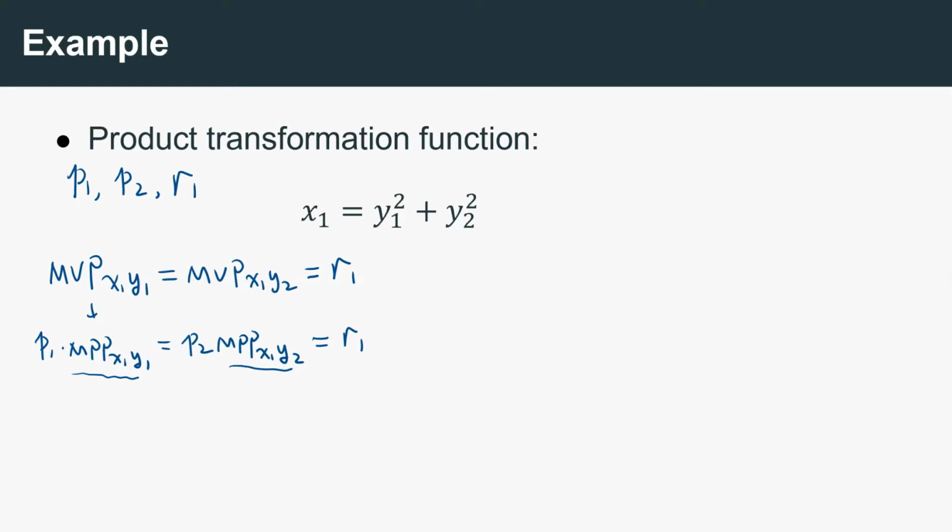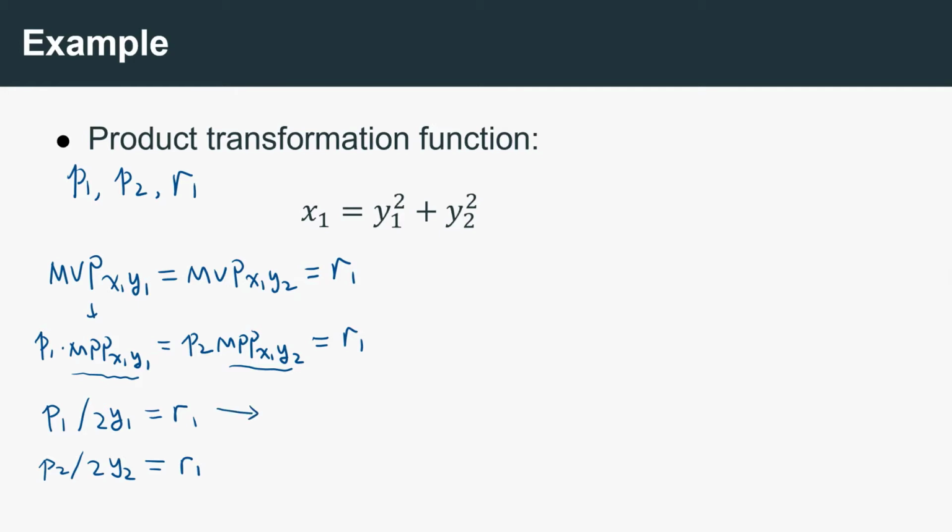What you will get is that P1 over 2Y1 is equal to R1, and P2 over 2Y2 is also R1.